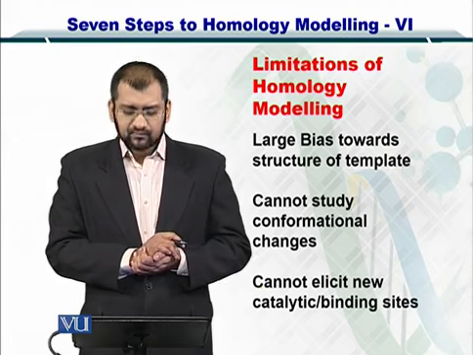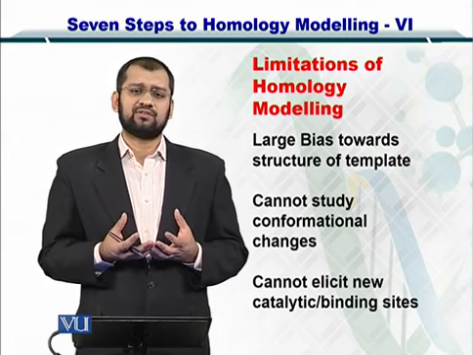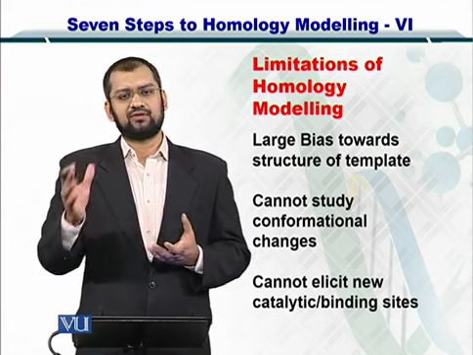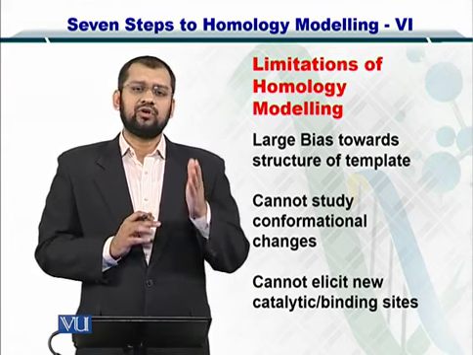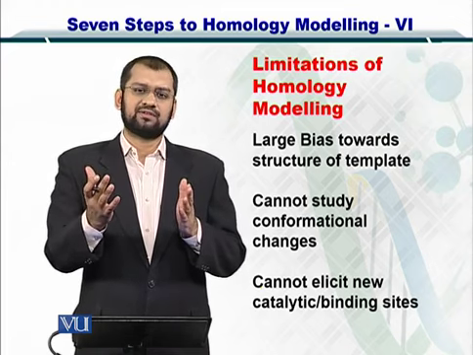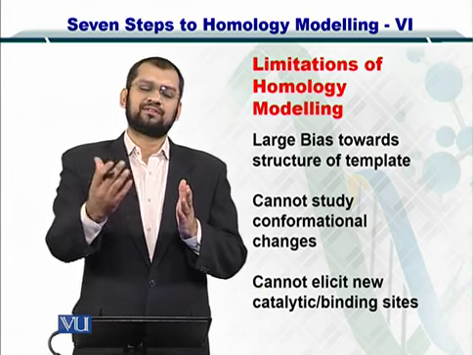Also, if there are conformational changes in the target protein whose structure is unknown, then because you are using the template, you cannot predict those conformational changes, and you can miss them.